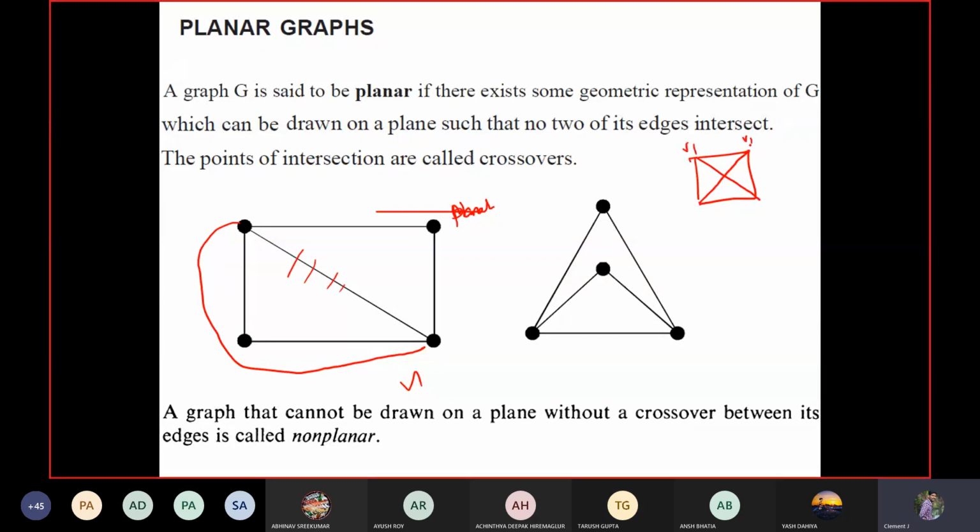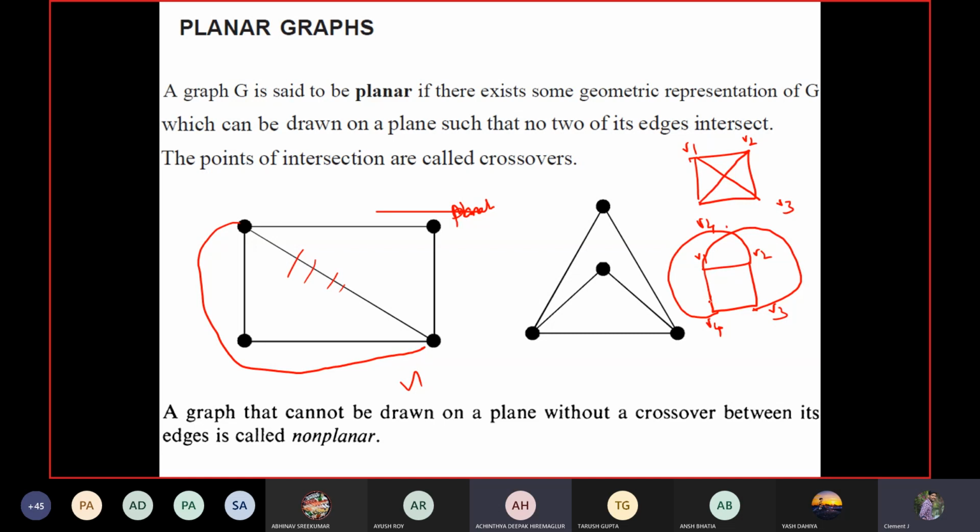See here. So V1, V2, V3, V4. I should draw the edge between V2 and V4. Next V1, V3. Next I should take an edge by connecting V1, V4. Now can you try to say? It's taking a crossover, right?